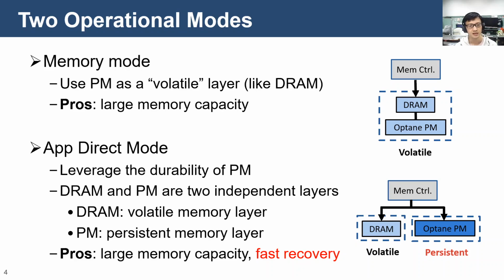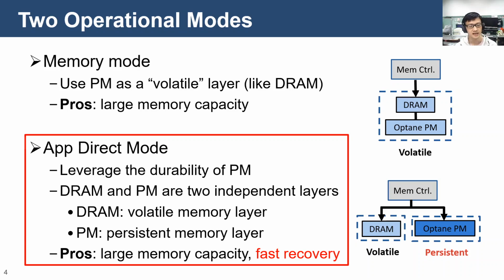As a result, it is possible to load data stored in PM to enable fast recovery, which, however, requires careful persistent memory programming. In the context of this talk, we focus on App Direct mode to fully exploit the non-volatile memory feature of persistent memory.